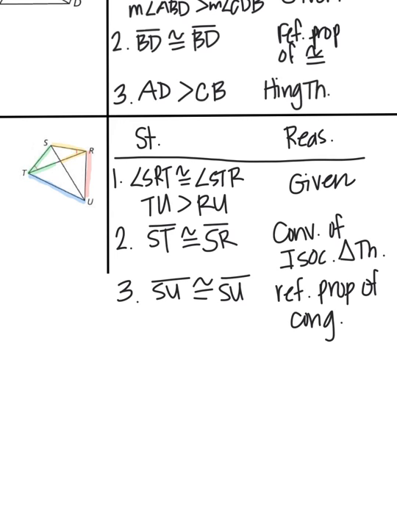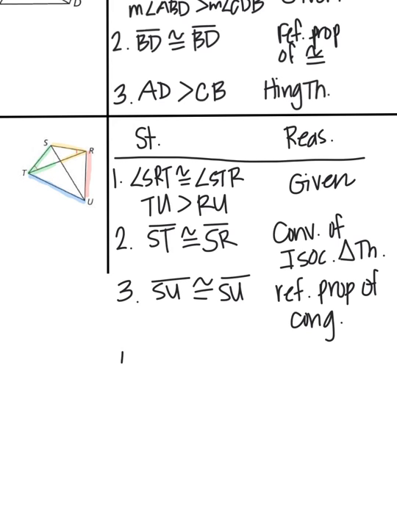And now that I've established the two sides, this side and this side are congruent, I'm focused on the angle that is included by each of those sides. And the information I was given is that TU, the side that we highlighted in blue, is larger, which would mean automatically that the angle TSU, which is opposite that, is going to be larger as well.